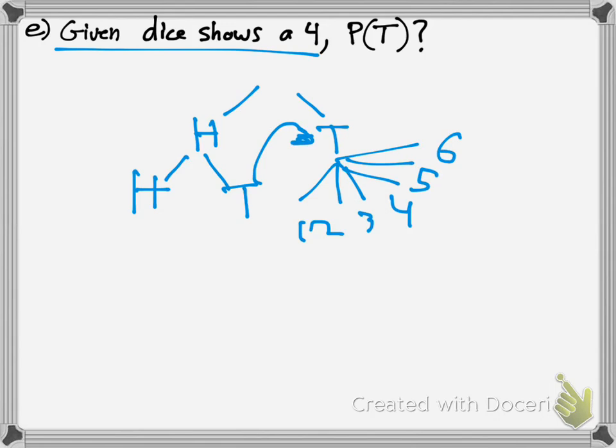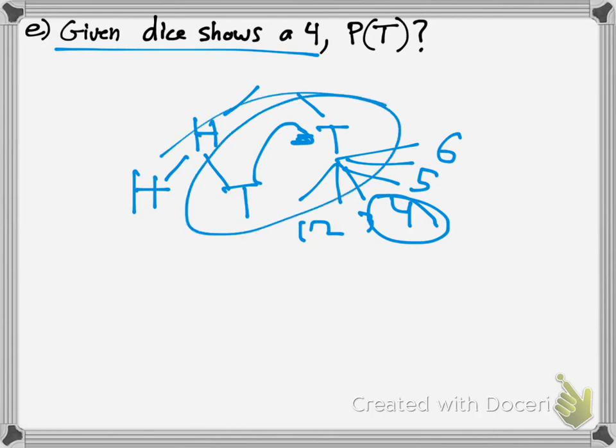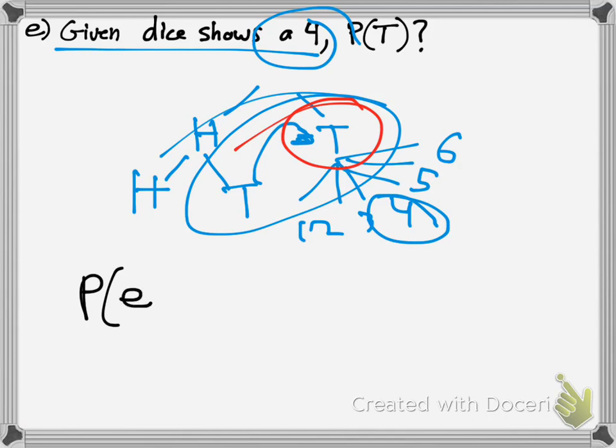But if you're already here, what's the probability that you flipped a tails? Well, in order to roll the die, you have to have flipped the coin and received a tails. Otherwise you can't roll. So the probability, let's call this E, is 1.